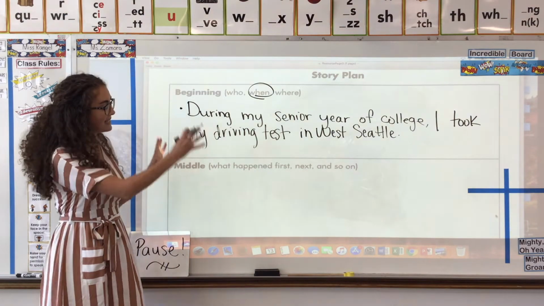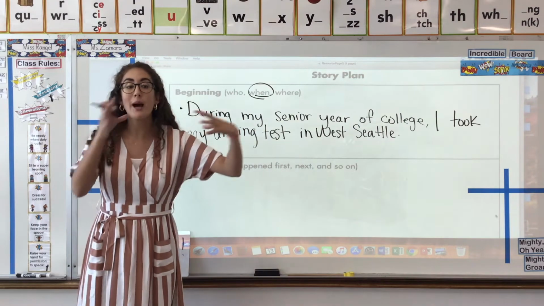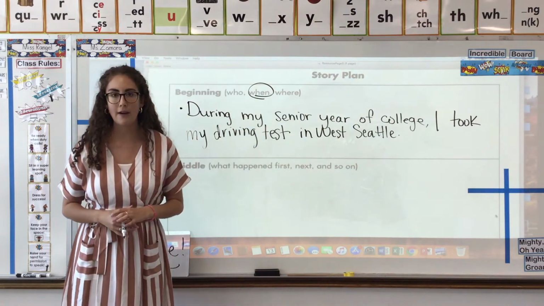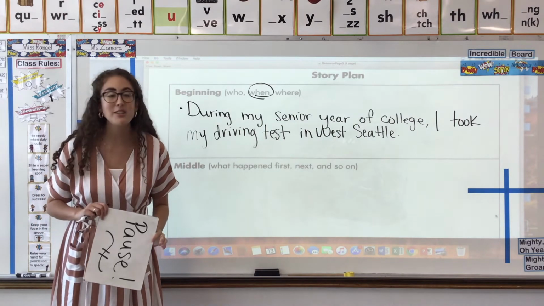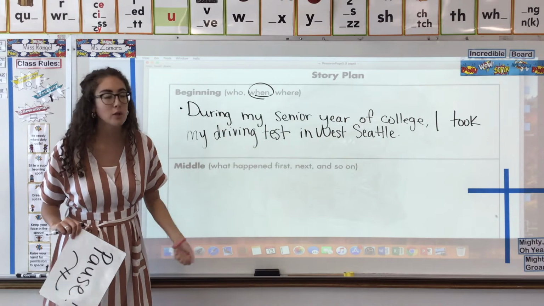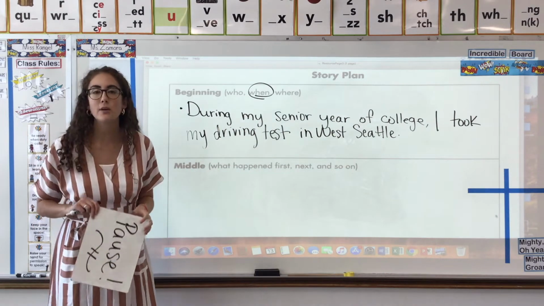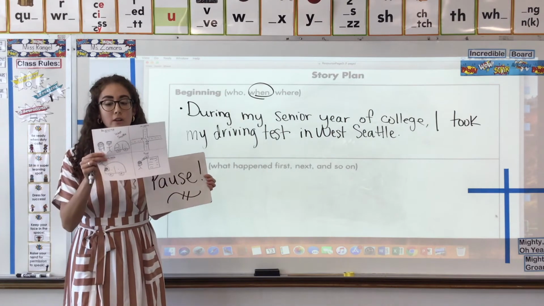We're going to be writing sentences on this outline to prepare us for when we're going to write our entire paragraph. So right now, Super Scholars, I want you to take this story plan page and write a beginning sentence for your personal narrative. Look at what you drew on your storyboard.